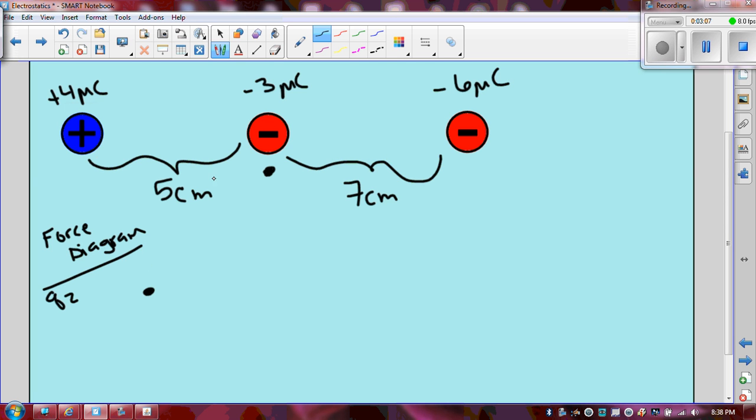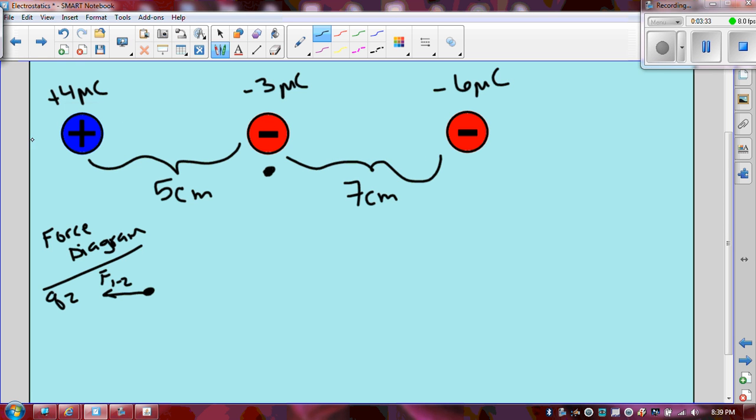So we could say that the positive charge is pulling Q2 to the left. Q2 feels pulled to the left because it wants to get closer to the positive charge. Okay, so this is the force of charge 1 and charge 2. So I labeled that force 1-2 because that represents the force that's being experienced between 1 and 2.